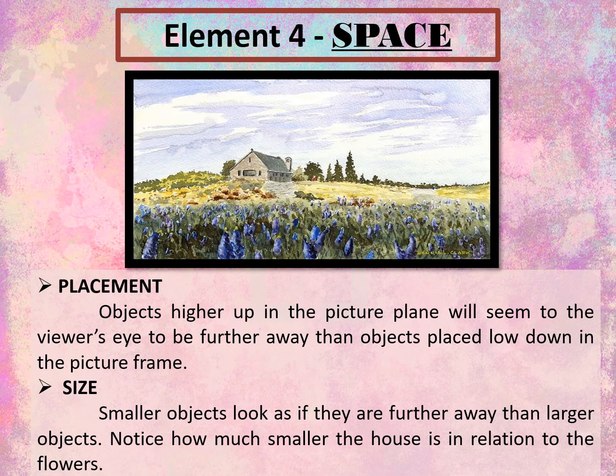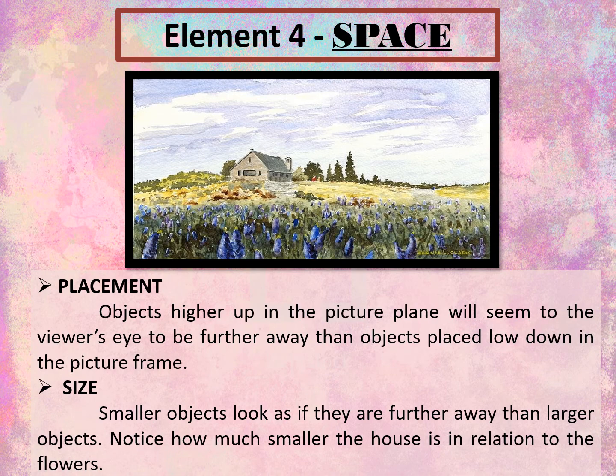So yung nakikita natin sa picture na yung bahay ay parang malayo than objects placed low down in the picture frame. So, yung mas malapit nating tingnan o sa ating paningin ay yung mga flowers, at yung malayo ay yung bahay. So, that is how the technique of placement works in a painting.